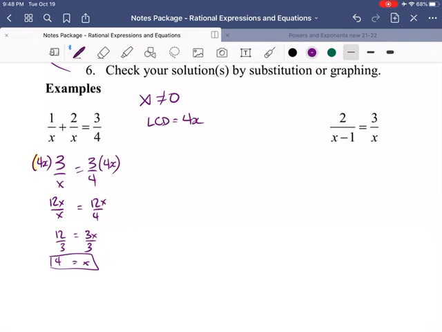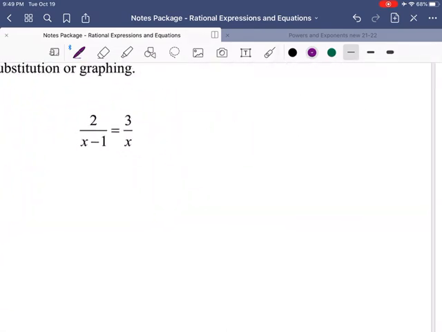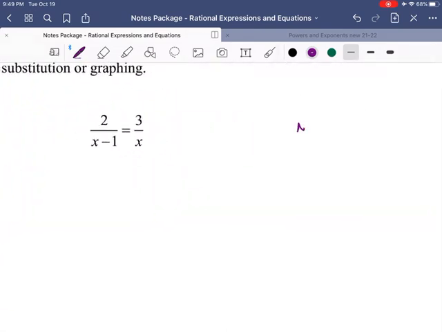Let's take a look at the one on the right here. First of all, let's talk about our non-permissible values. x cannot equal 1 or 0. Our lowest common denominator between x and x minus 1 is, in fact, those two things multiplied.